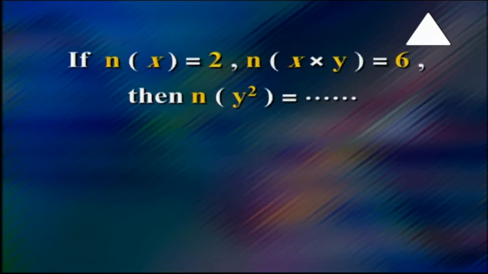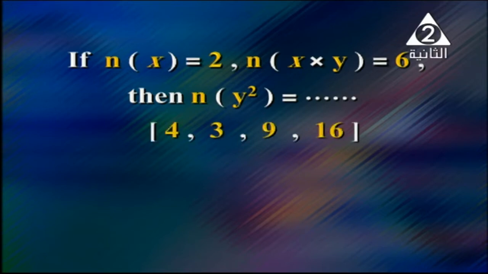Another example. If n(x) equals 2, n(x × y) equals 6, then n(y) to the power 2, or n(y²), equals what? Is it 4, 3, 9, or 16? First of all, what about the number of elements of y?